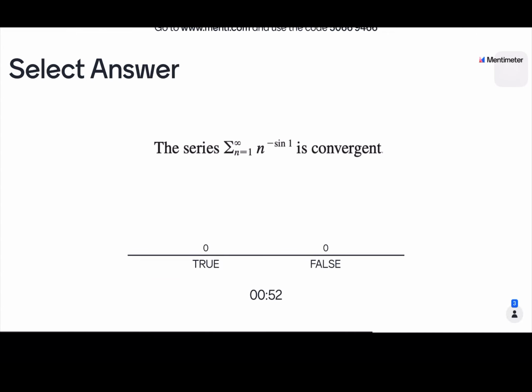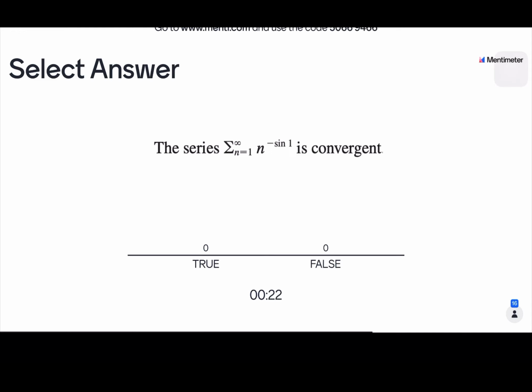Okay, negative sign 1. Sign 1 you can predict and assume. Oh no. You need to get whether it's convergent or divergent. And because it's already stated it's convergent, if divergent you need to write false.